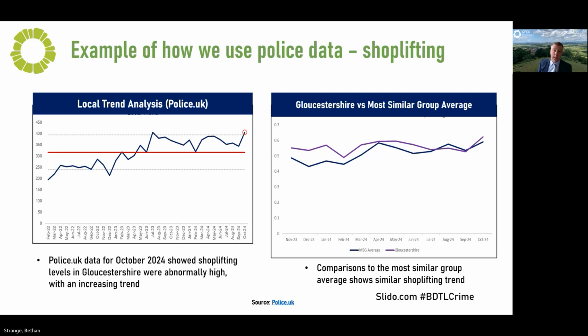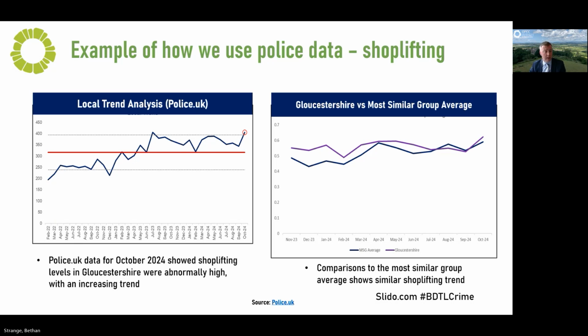Now, we've already touched slightly on shoplifting. These are the sort of precise data that we would then want to be looking at, to bring all that to life. So what you can see here is the local trend analysis of how much shoplifting has been reported in Gloucestershire since February 2022, and you can see that going up.